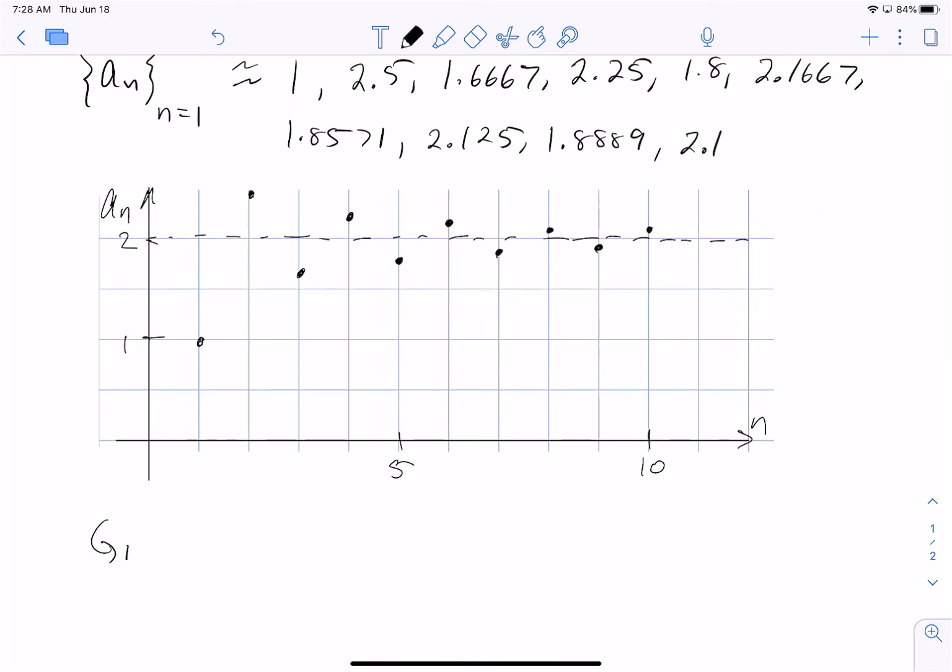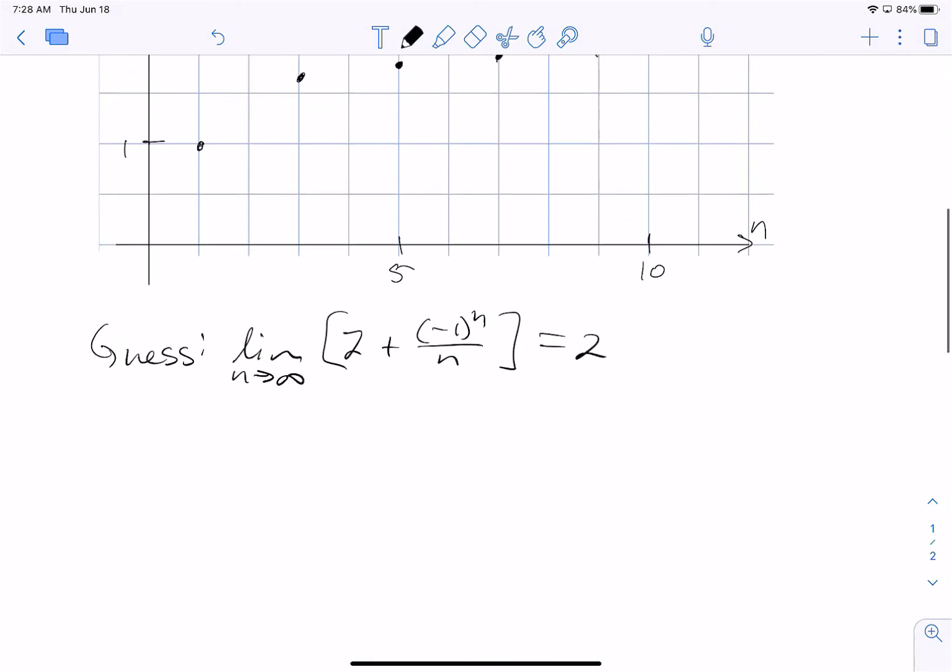We're going to make a guess here that the limit as n approaches infinity of 2 plus negative 1 to the n over n is equal to 2. Now, math kind of starts with guesses, but that's not where it ends, right? We have to do some proof sometimes or some work.